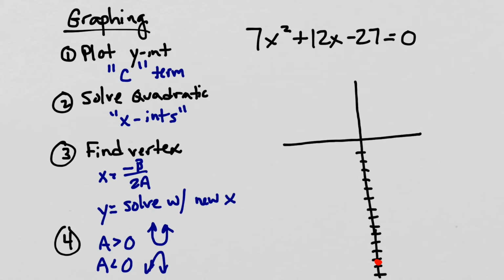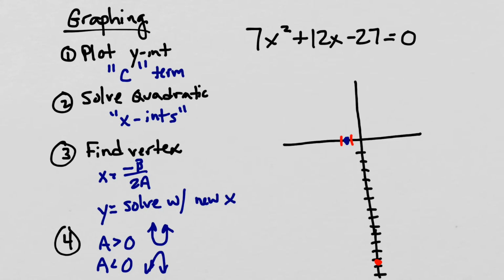We then solve the quadratic, and we got values of negative 3. So again, if I go by 2's, that becomes a point right in here between negative 2 and negative 4.